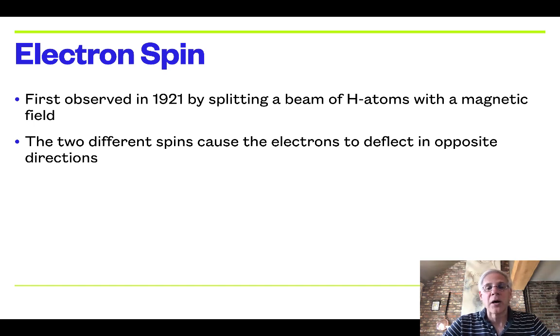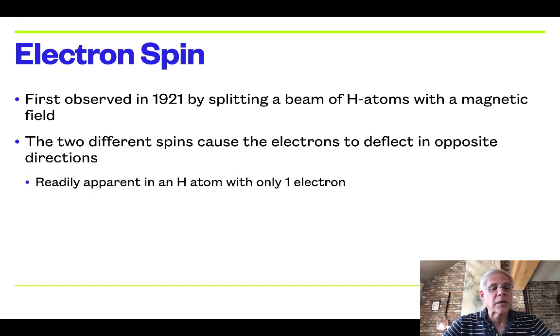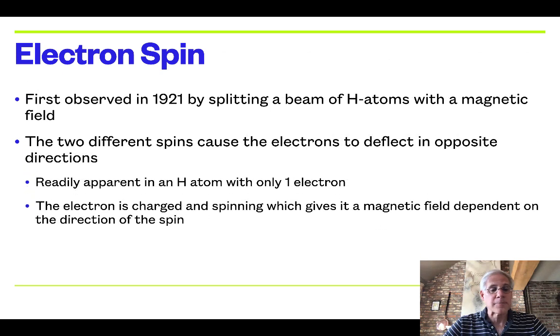When a beam of hydrogen atoms, each with a single electron on them, were passed through a magnetic field, what we saw is that the atoms actually deflected in two opposite directions. And since the hydrogen atom has only one electron, the deflection was caused by that electron and how it interacted with the external magnetic field.